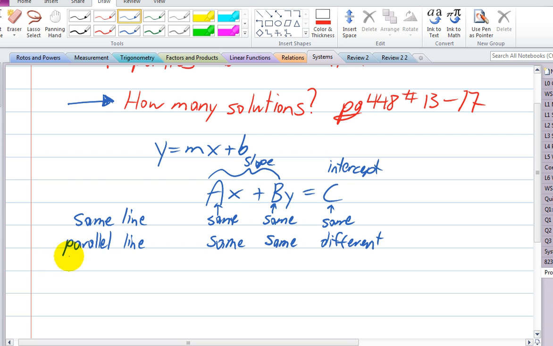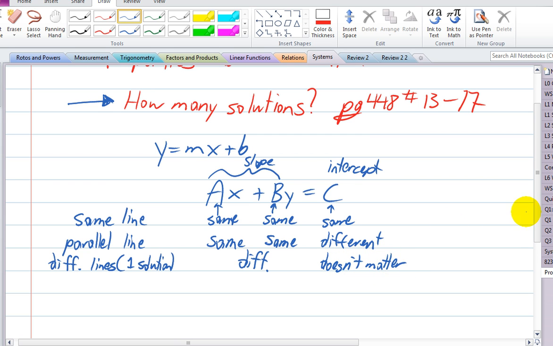Now, if you have one solution, because you have different lines, then all you're going to have is one will be different. You either need a different A or a different B. C doesn't matter. You wouldn't need to check C.